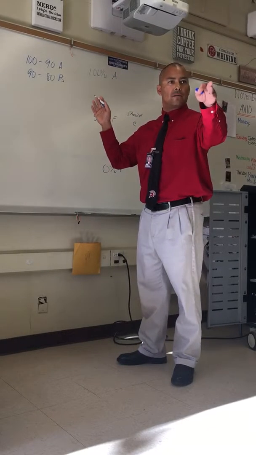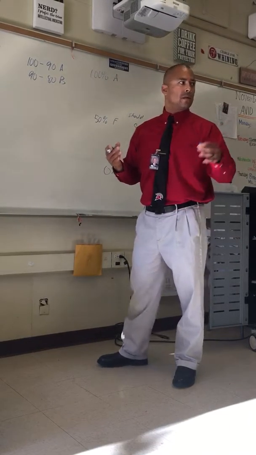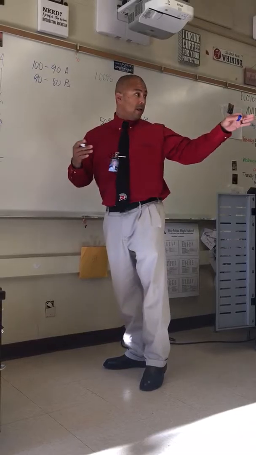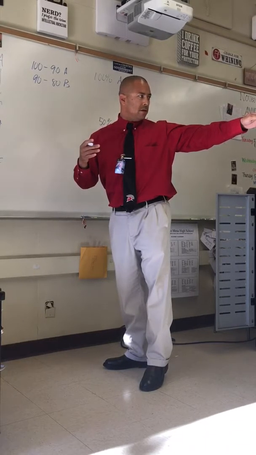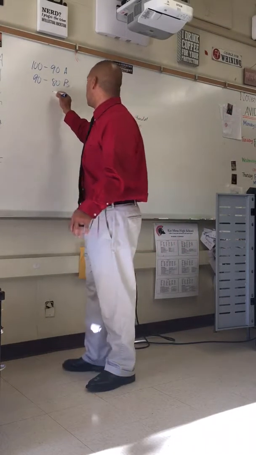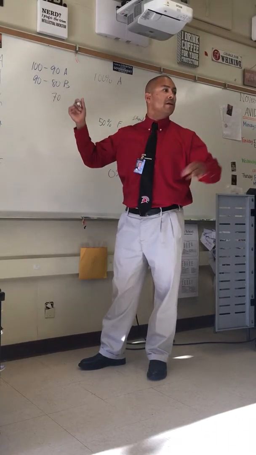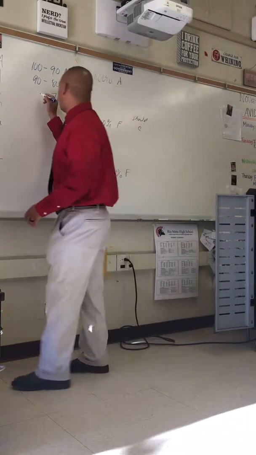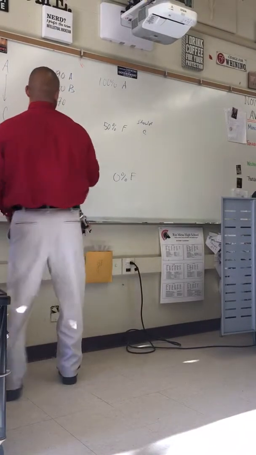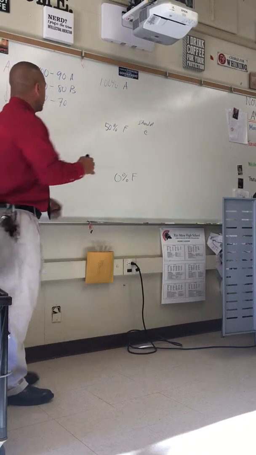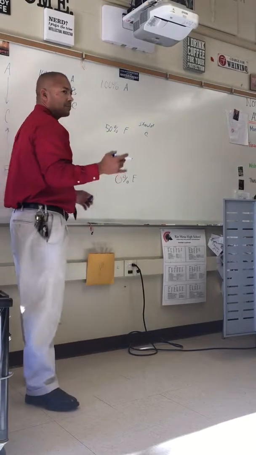What numbers are next? 70 is one of the next numbers, but what else goes with that number right there? It should be 79, but as a demonstration, I would say 80 to 70 would be a C.